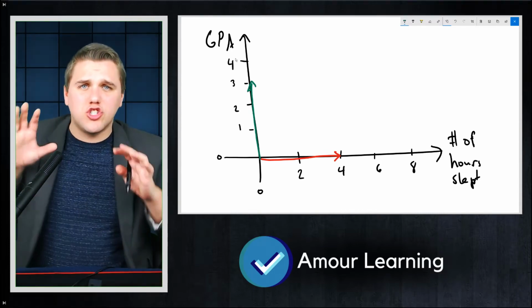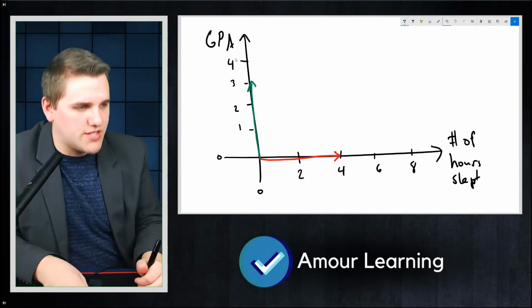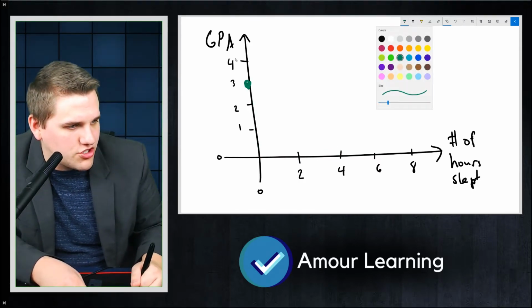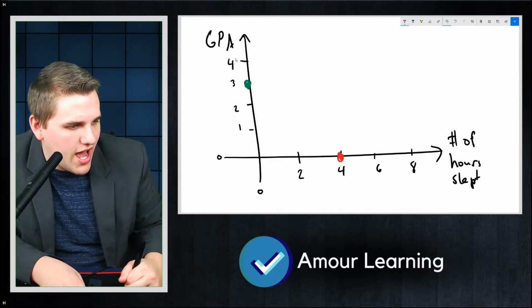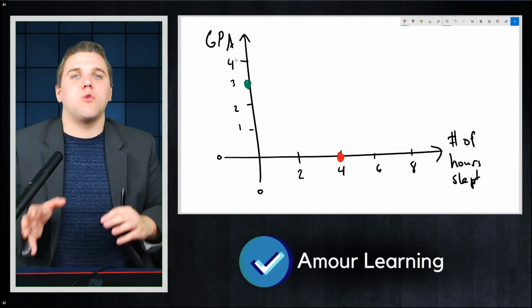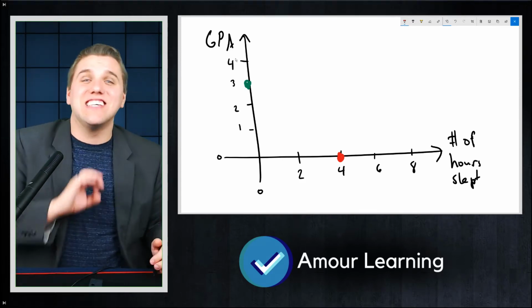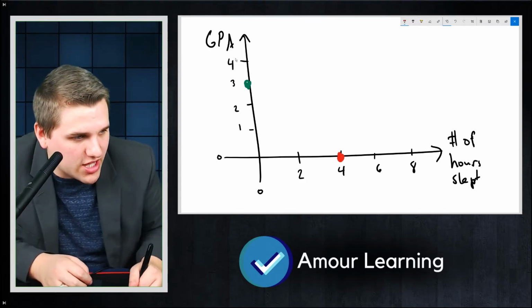So we have two values measured simultaneously. And sometimes people look at this as we have 3 as their GPA, and we have 4 hours of sleep. But we can actually represent these two quantities, these two values, simultaneously with one single point.